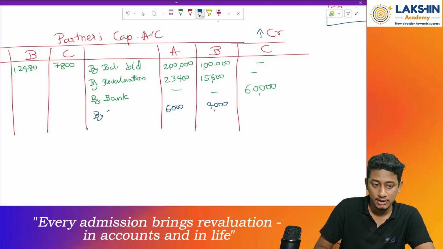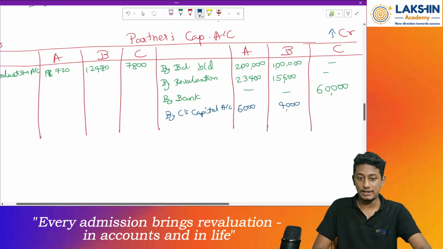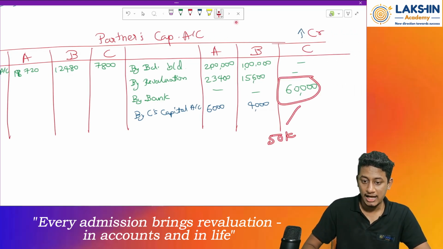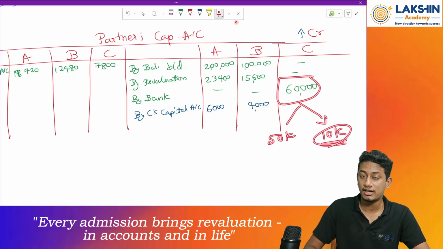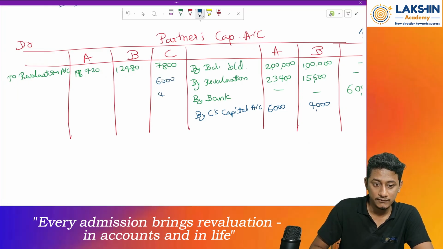Okay. So in this, rupees 6,000 and rupees 4,000 go to which account? By C's capital account. On the other hand, C will lose the capital. See, out of rupees 60,000, 50 was capital and rupees 10k was goodwill. So this 10k I should reverse right now. How will I reverse this? I will reverse by passing an entry on the other side, for rupees 6,000 and rupees 4,000.